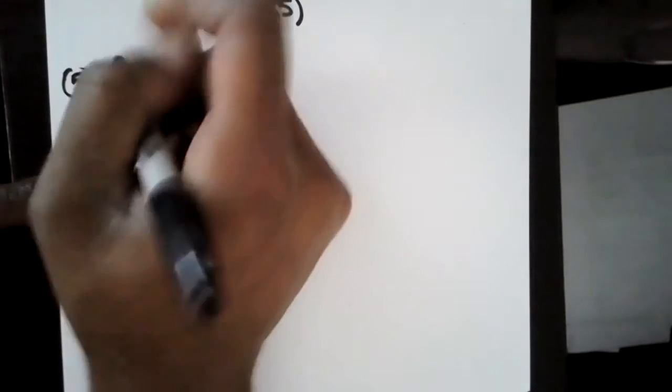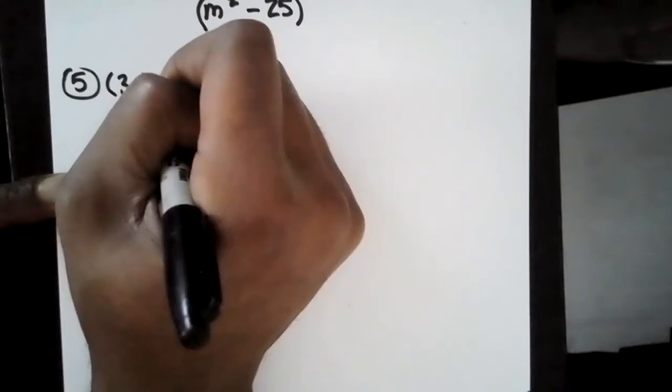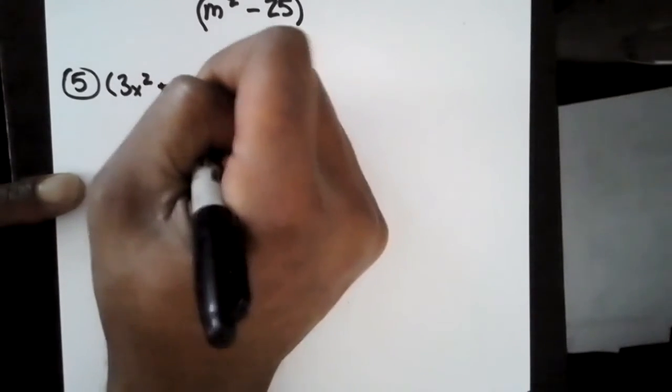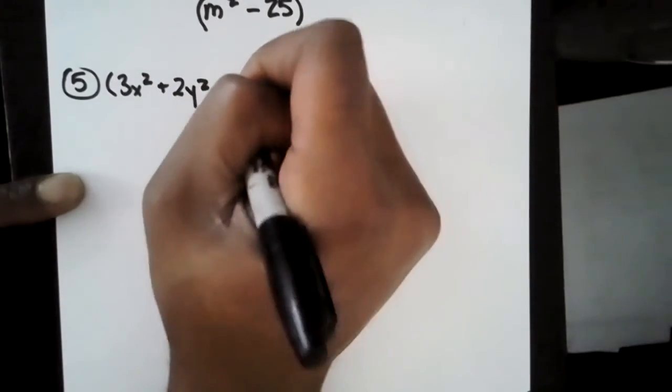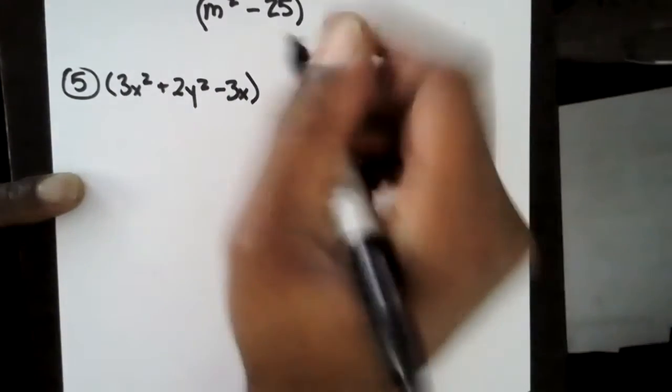So we have 3x squared plus 2y squared minus 3x, right?